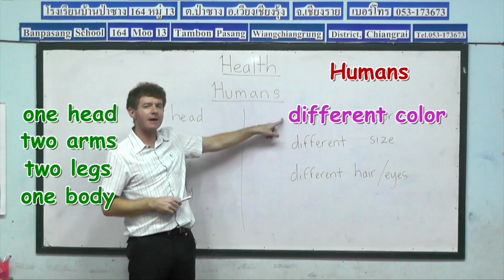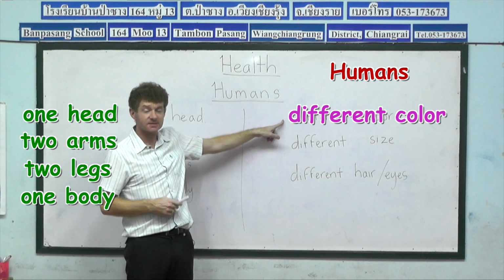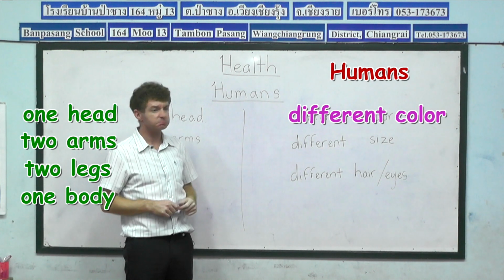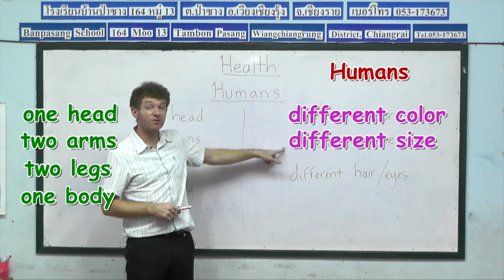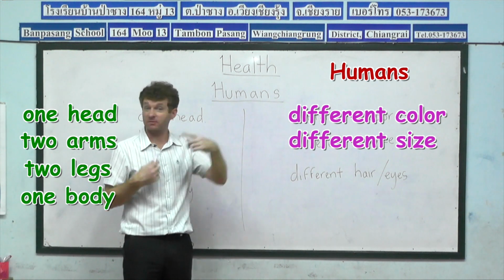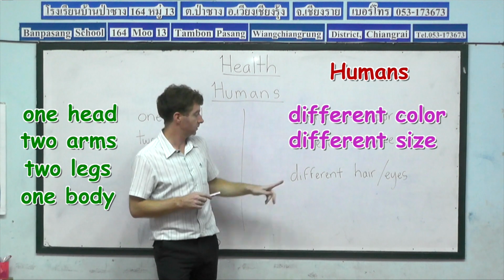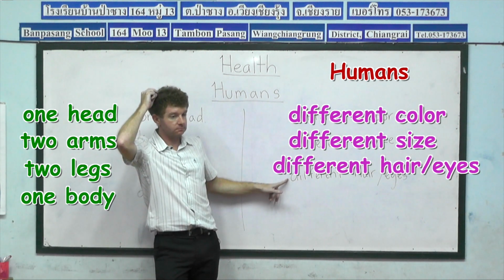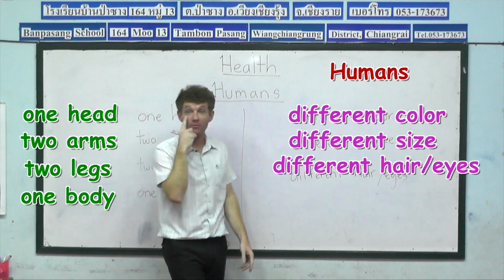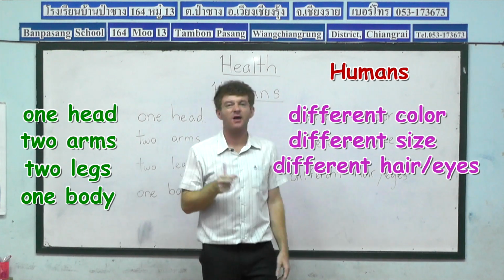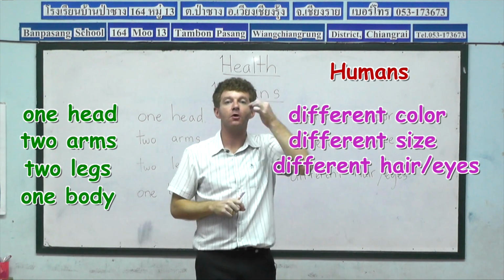But are we sometimes different color? Yes. Am I the same color as you guys? No. Different size? Yes. I'm not the same size as you. I'm taller because I'm older. How about hair? Different. How about eyes? Different.